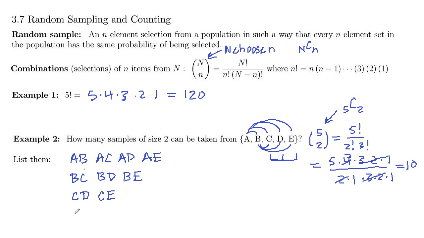And then the last one will be DE. So we've already got DA, DB, DC, and DE is left. So 4, 3, 2, 1, that's a total of 10. And those are our 10 different selections of 2 from 5. So in the homework, you can just do the calculator shortcut, but wanted to show you how it works.